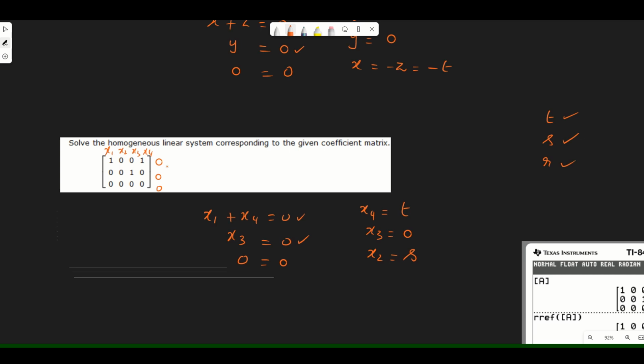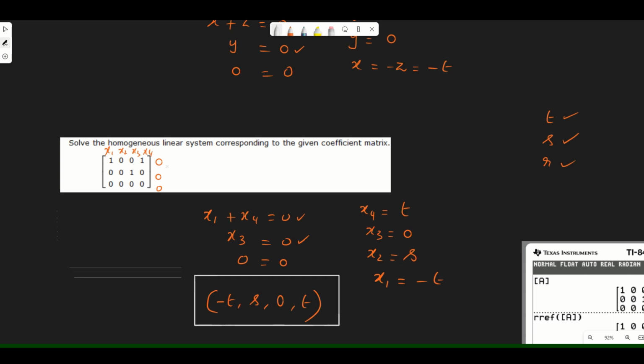For x2 I am taking the second choice s, and from the first equation I get x1 equal to negative x4, which is negative t. So the solution is x1, x2, x3, x4, which is negative t, s, 0 and t. So that is my solution for the second equation.